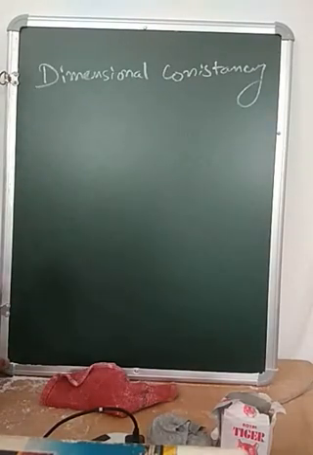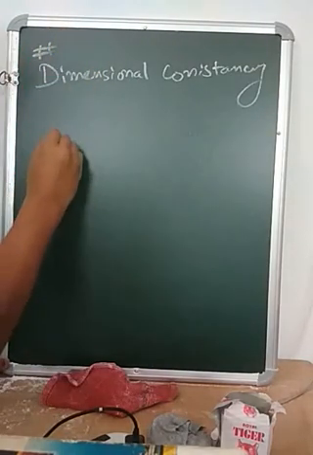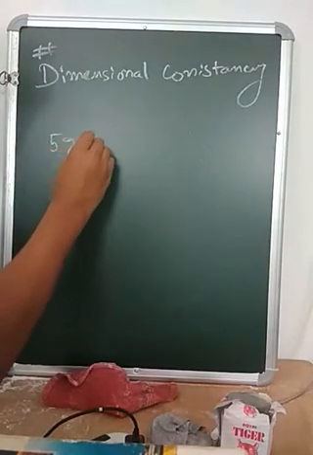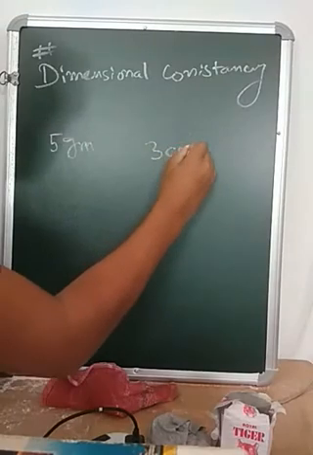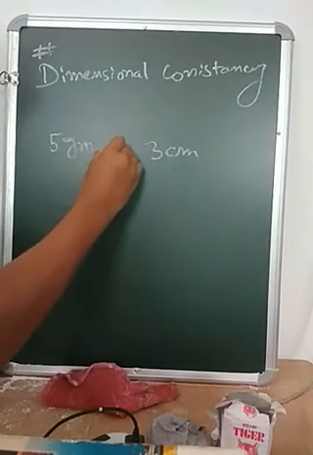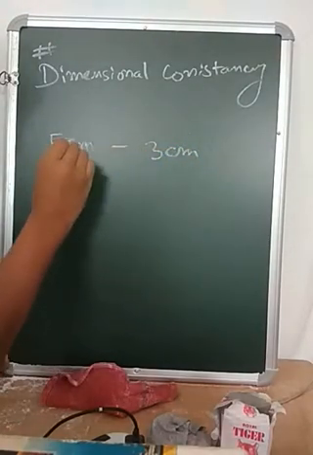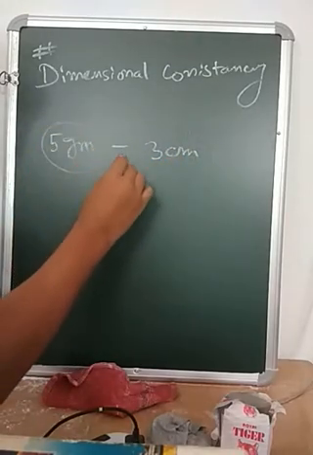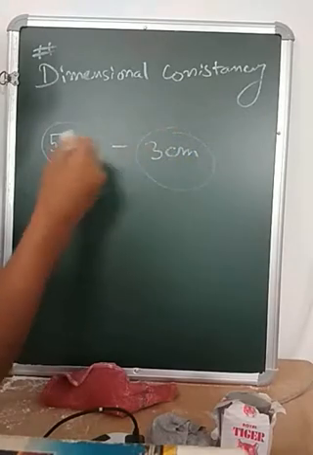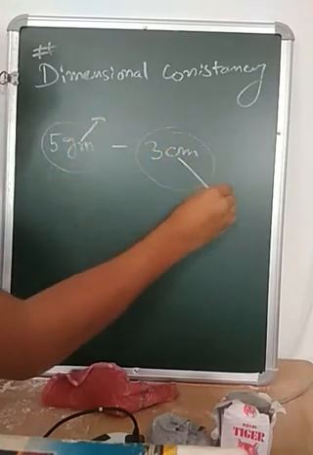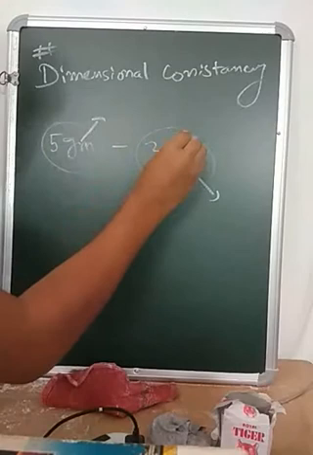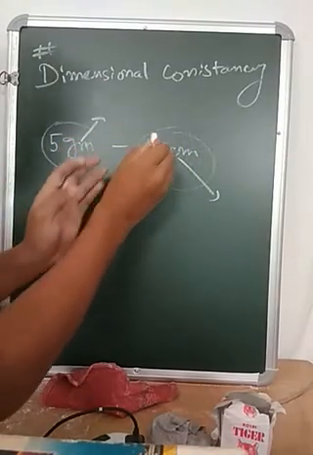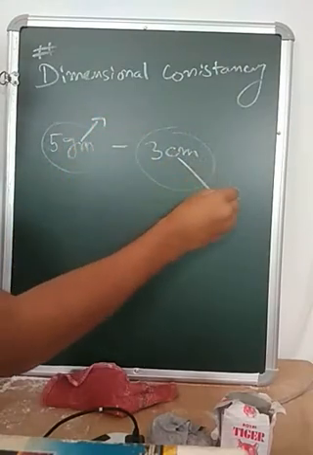Suppose we are given two quantities, 5 gram and 3 centimeter. Can we add or subtract 3 centimeter from 5 gram? The answer is no. Why? Because the units are different.